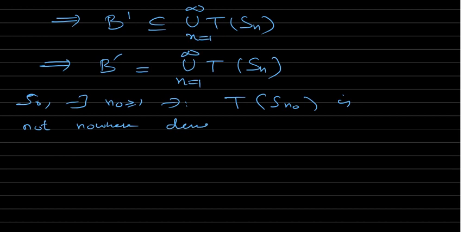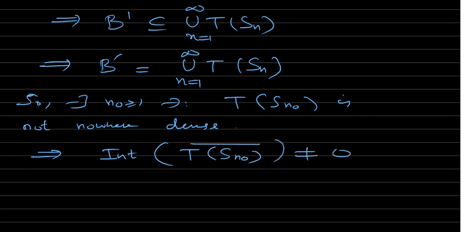Nowhere dense means the interior of its closure is empty. Now this is not nowhere dense, so the interior of the closure of this set is non-empty. So that means the interior of the closure of T of S n naught is non-empty. We can choose some point in this set.